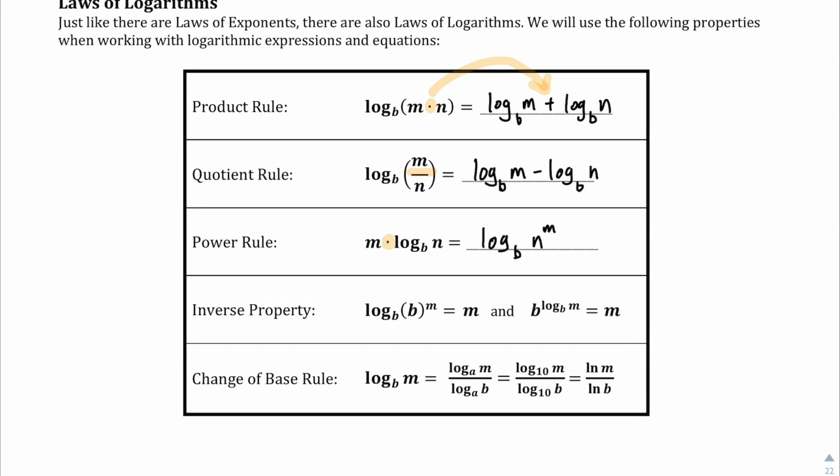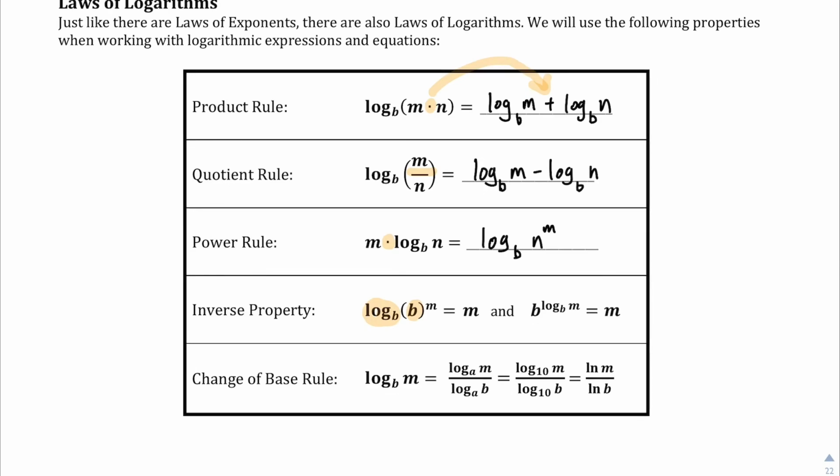This one will take some time, probably in class or when we are face to face, for me to show you the proof of these. But essentially, when we have log base b and the value is b to the power of m, that simplifies to just m. You could think of those as reverse operations.